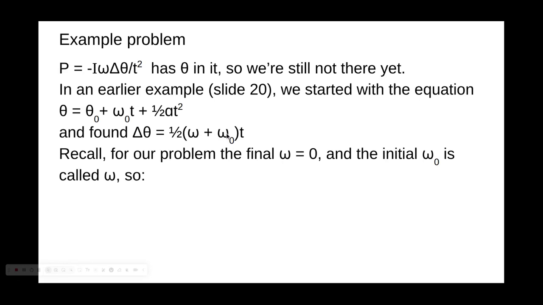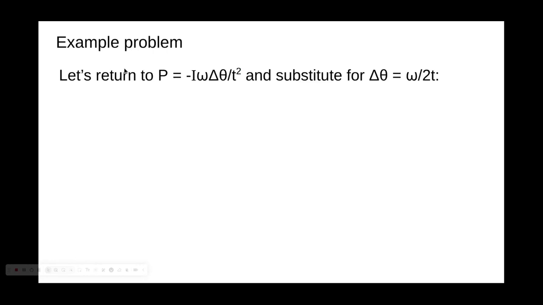All right, so we're going to put this as 1/2 omega times time, which is omega over 2t, and substitute that in for this delta theta right there. So here we do the substitution. Here was the original. Here we put omega over 2t.